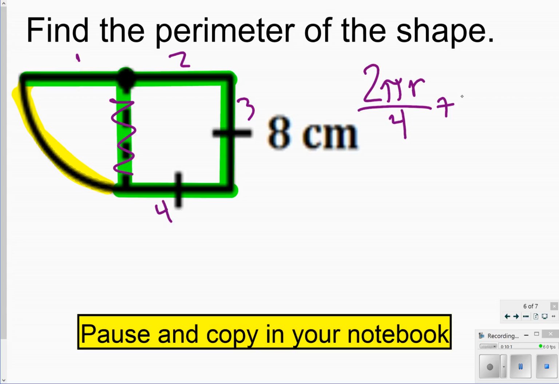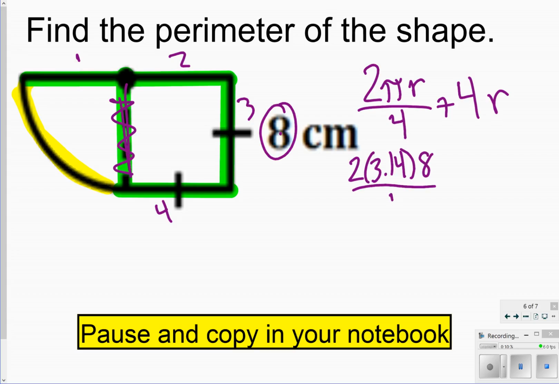So this is 4 times our radius. So we're going to have 2 times 3.14, and our radius is going to be 8, because this line right here was 8, and we're going to divide it by 4, plus 4 times 8 here.